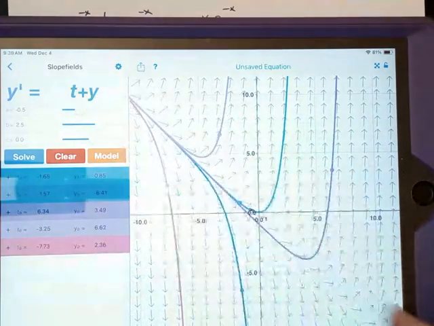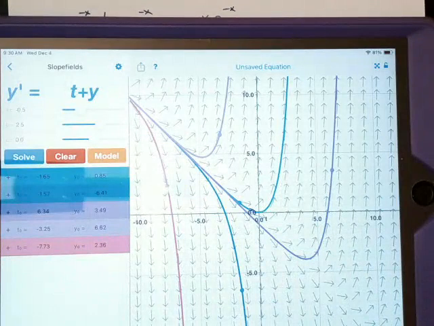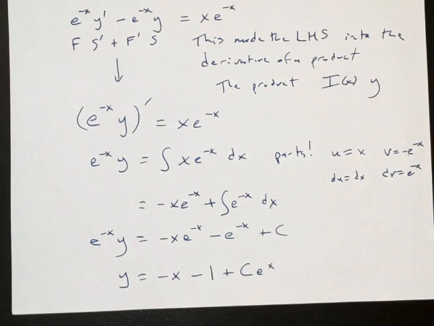See the line, y equals minus x minus 1? And as x gets bigger and bigger, this piece gets really big, doesn't it? So we keep getting further away from that line. It's an unstable line, but it's not an equilibrium solution. It's at an angle.